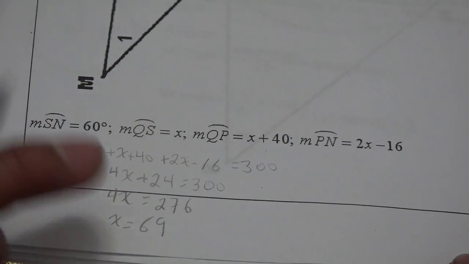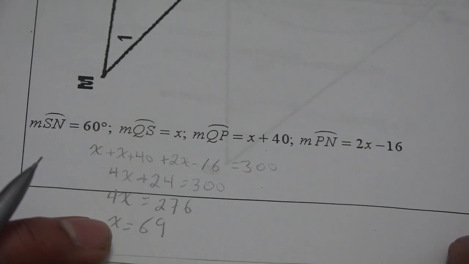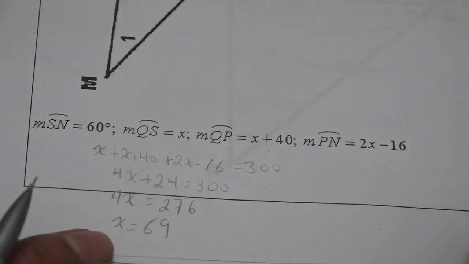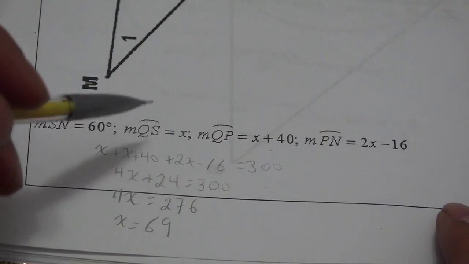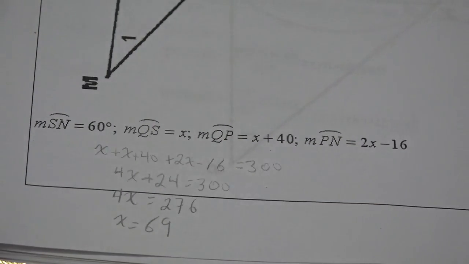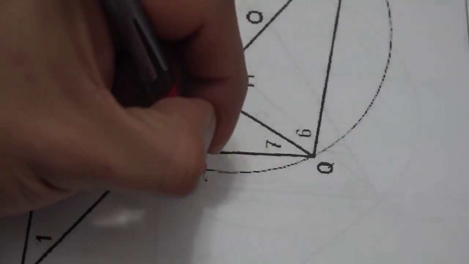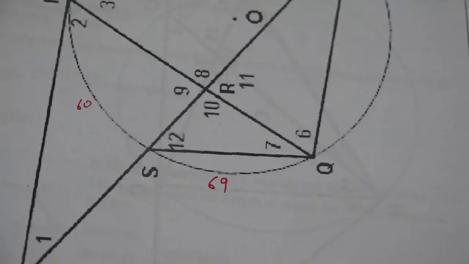Good. X is 69. So now I'm going to plug this into the arcs that have variables and find my measures. QS is X, and X is 69, so this arc is 69. QP is X plus 40. 69 plus 40 is 109, right?